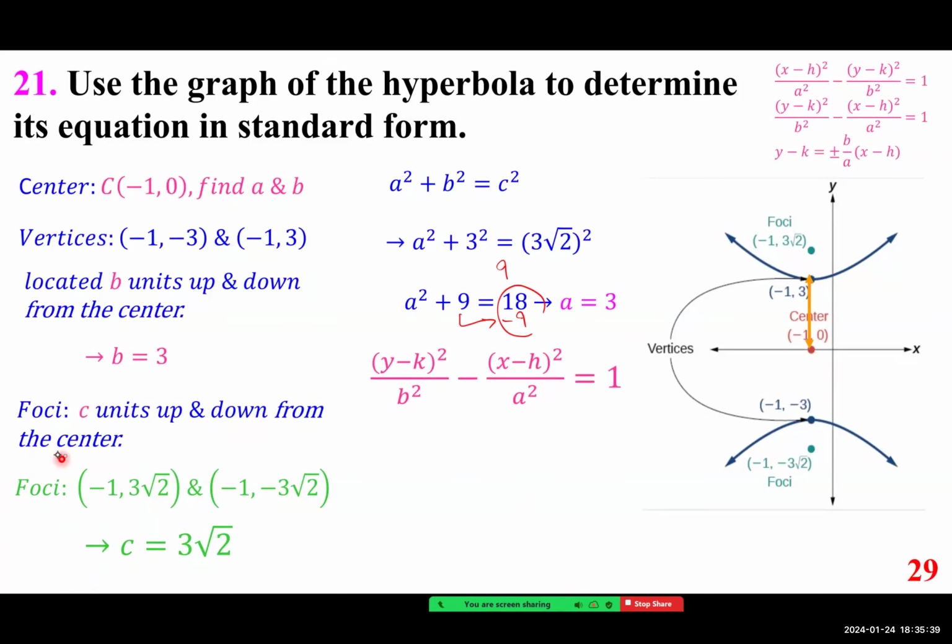We have everything. We have the center, so y minus 0, or simply y squared over b squared 9, minus x minus h, that means x minus negative 1 or x plus 1 quantity squared over a squared 9 equals 1. So that's the equation.